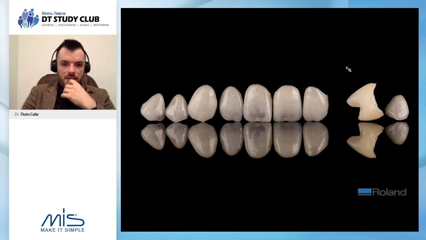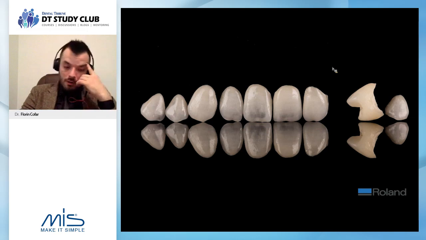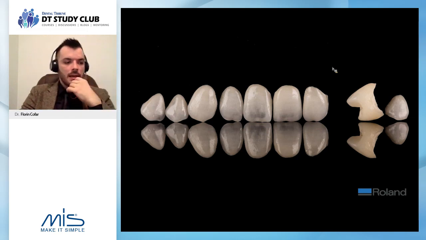And as you can see, for example, in the centrals, you have literally transparent areas where the restoration thickness is, I think, 0.1 millimeters, which is very nice because one of the issues we have with CAD/CAM is that the minimal thickness is more than in the analog.